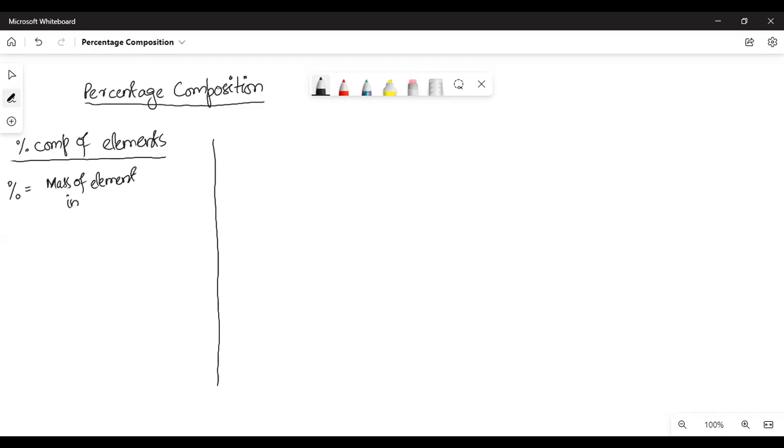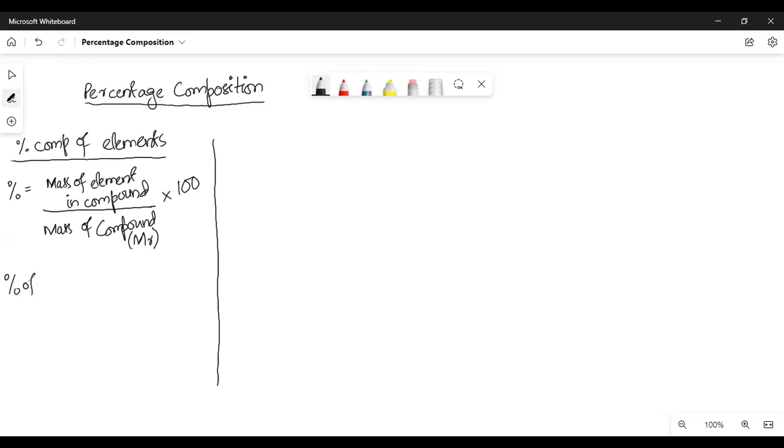Now, in case of percentage composition of elements, percentage can be calculated by the mass of element in compound, which is divided by the mass of compound, by which we usually mean MR. As we have studied, MR is molecular mass, and it is multiplied by 100. Pretty easy.